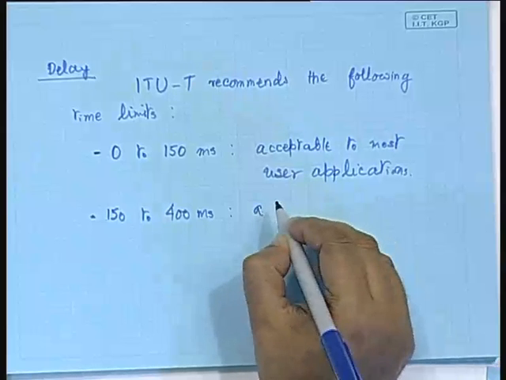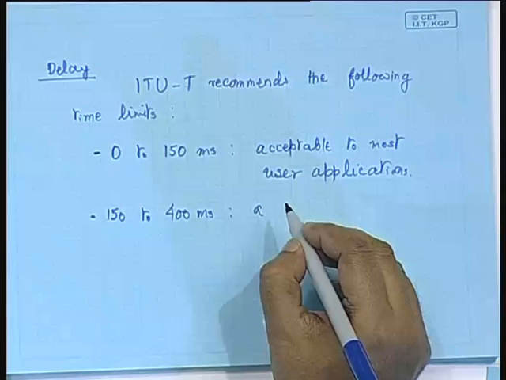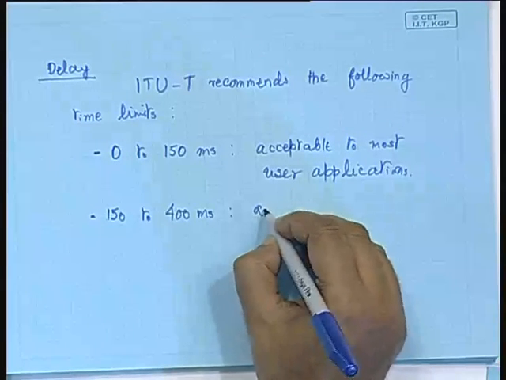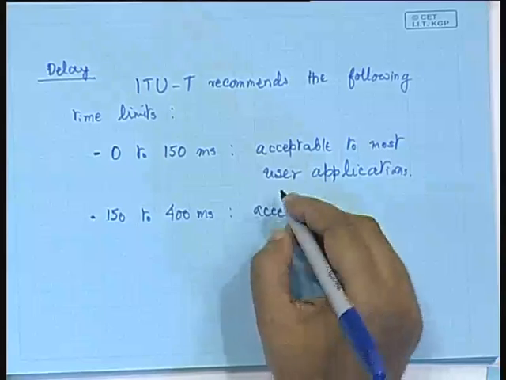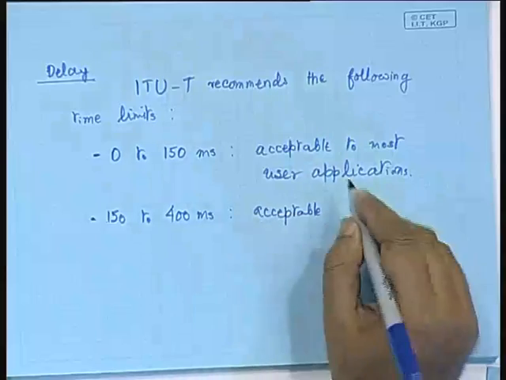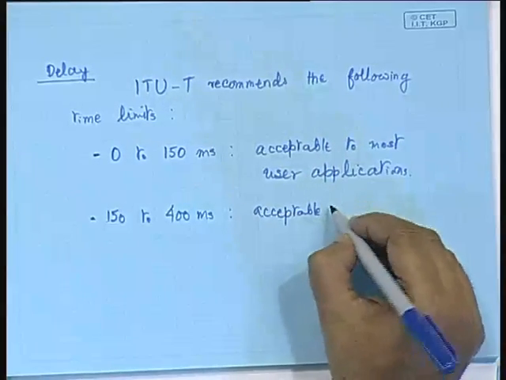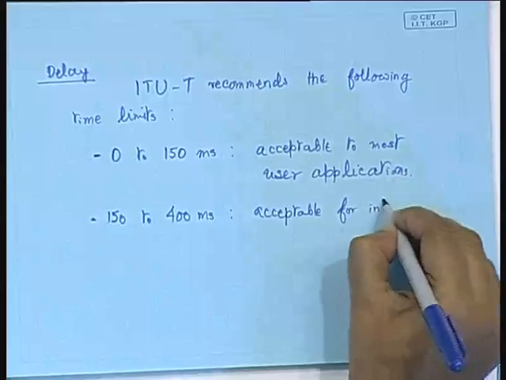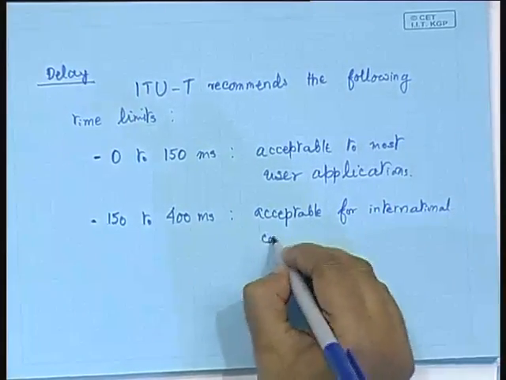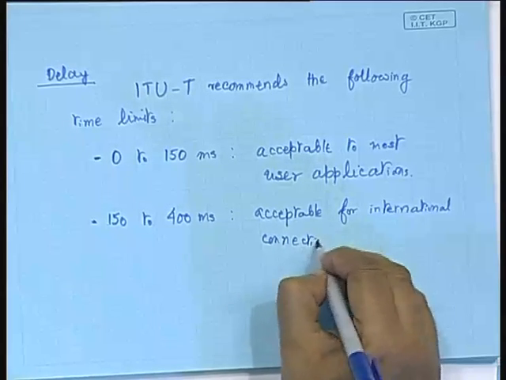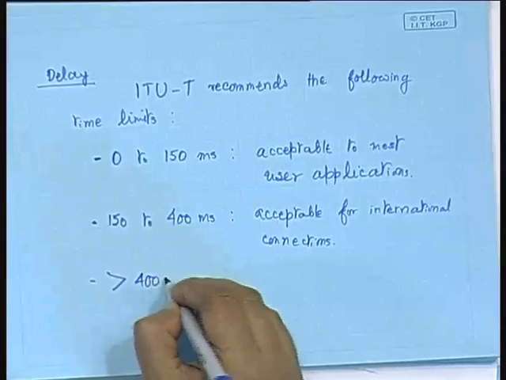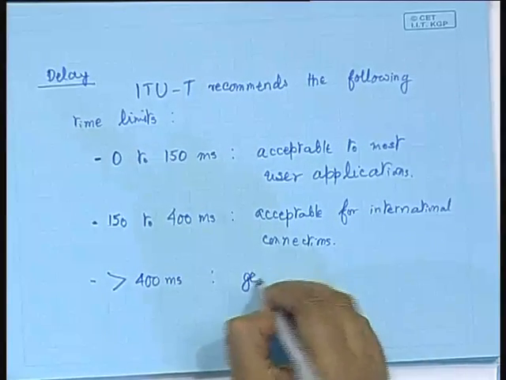We have to accept this for international connections, because the transmission delay itself is so high that 150 to 400 milliseconds is acceptable, but only for international connections. And greater than 400 milliseconds is generally unacceptable.